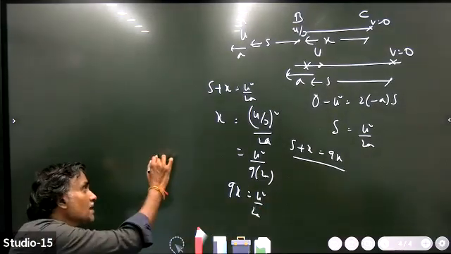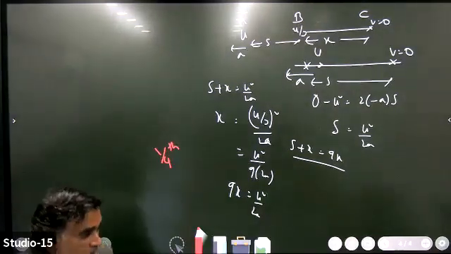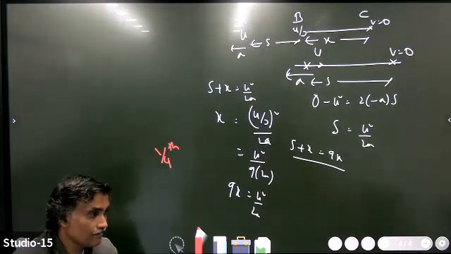It travels 20 meters before its velocity becomes 1/4.